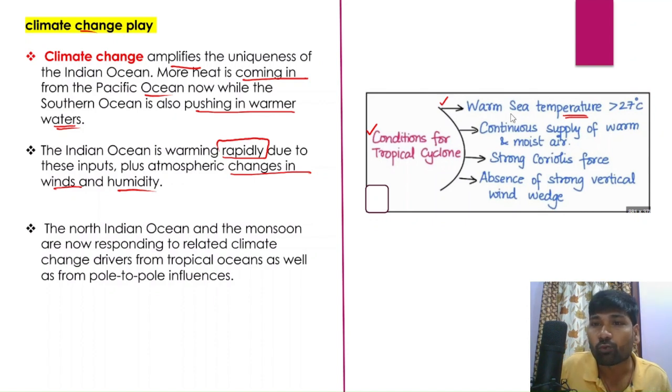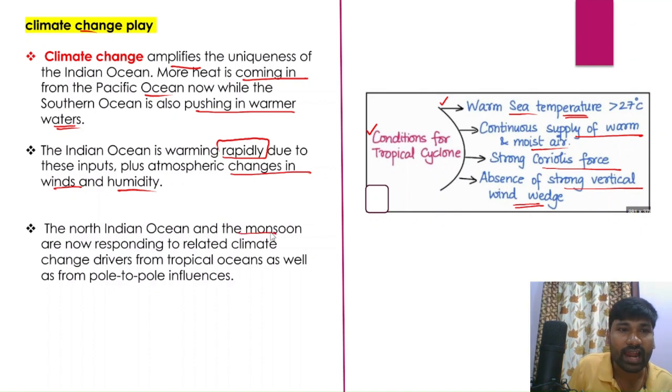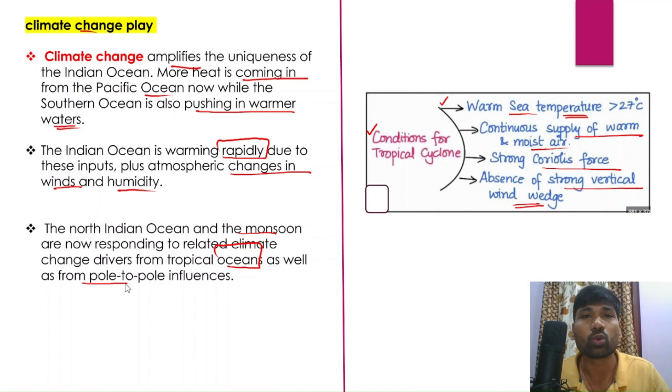Apart from warm sea surface temperatures, there are other conditions which result in the formation of tropical cyclones in both the Arabian Sea and Bay of Bengal region: a continuous supply of warm and moist air, a strong Coriolis force, and the absence of strong vertical wind shear. And this North Indian Ocean and the monsoon are now responding to related climate change drivers, from the tropical oceans as well as from pole to pole influences.